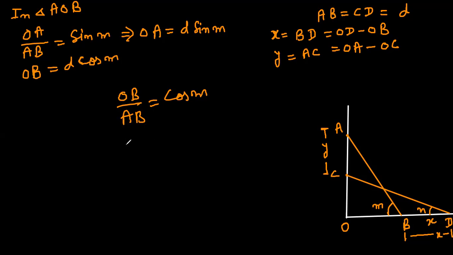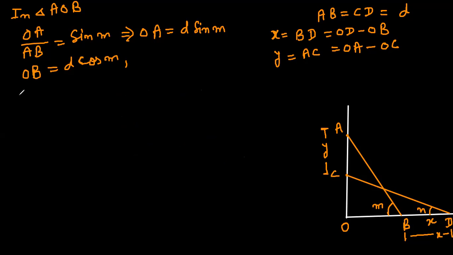Then in place of AB, you will write d. So you get OB by d is equal to cos of m. So OB is equal to d cos m. Yes or no? We are not showing all these steps, but if you wish, you can, of course. So we get OB is equal to this.